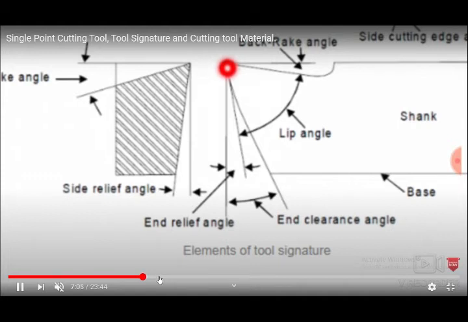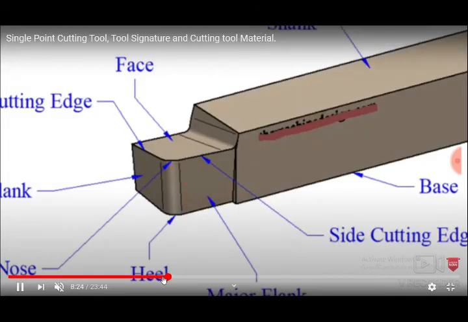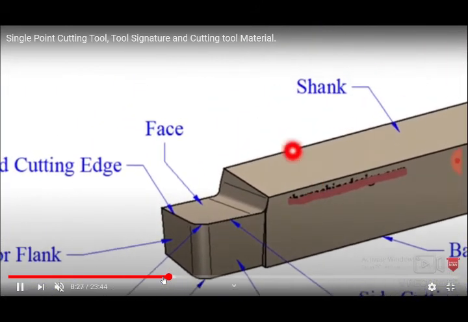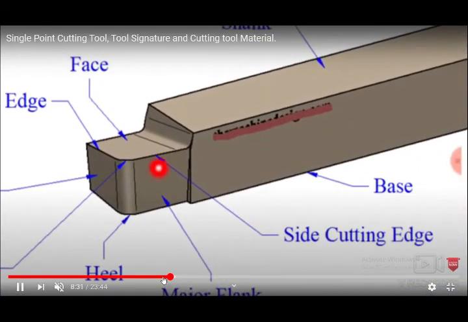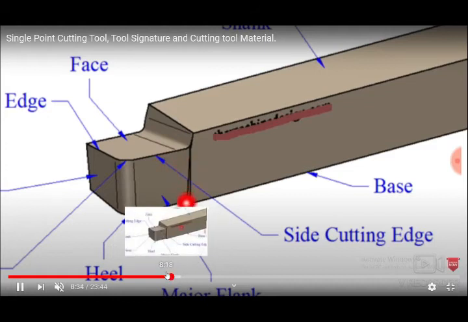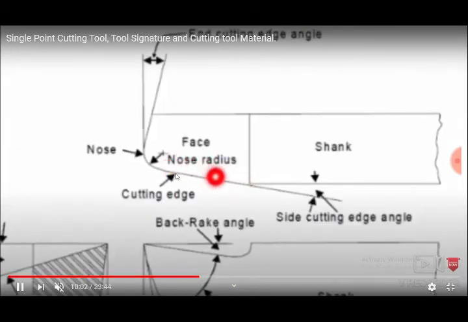And next is the end clearance angle. I will show you one by one each part, in 3D and 2D also. In this way you observe easily. That's why nose radius.